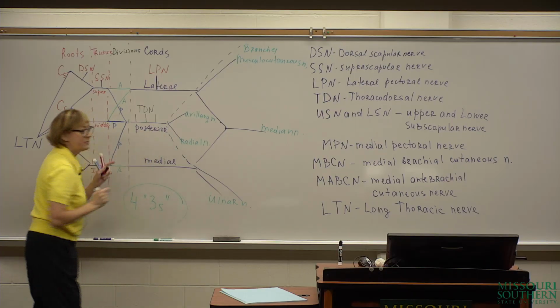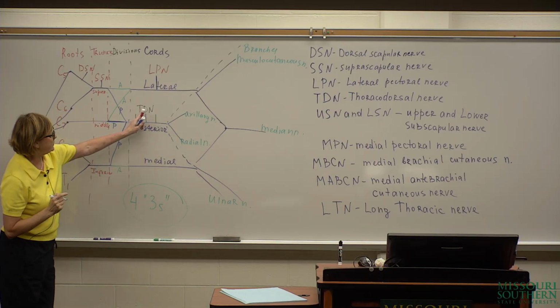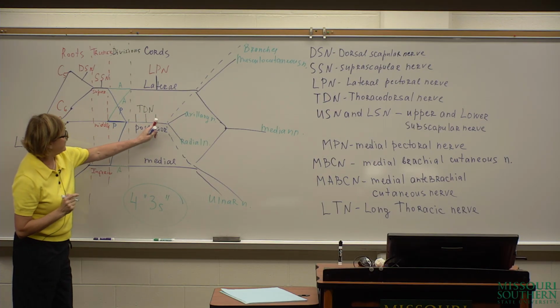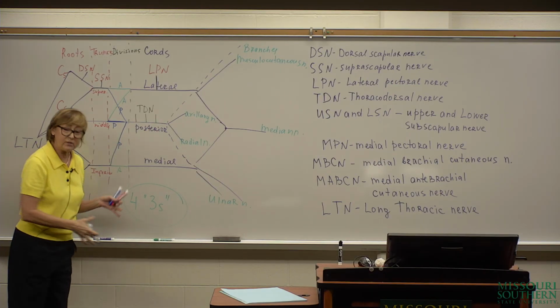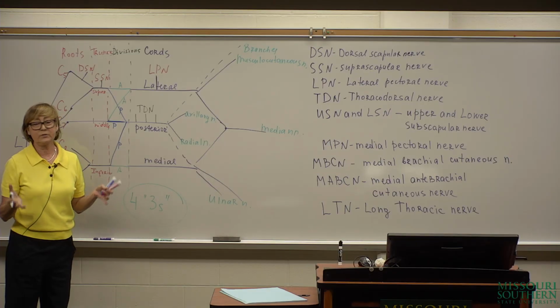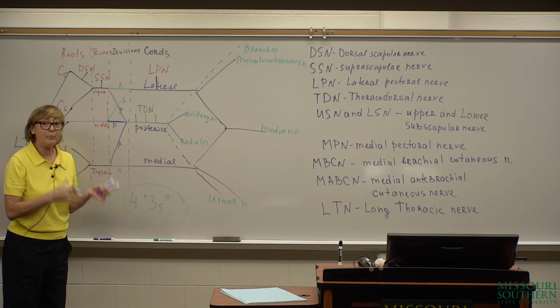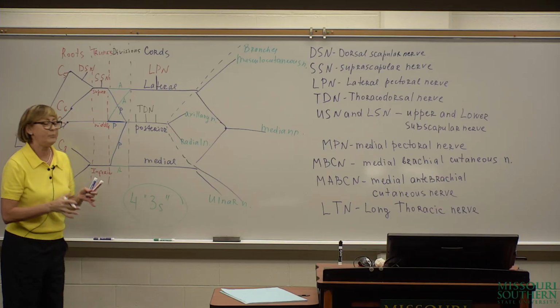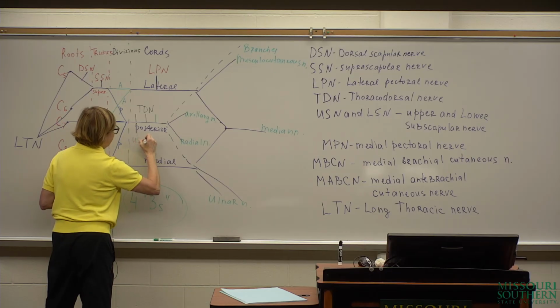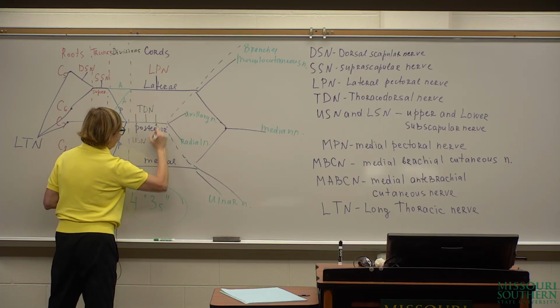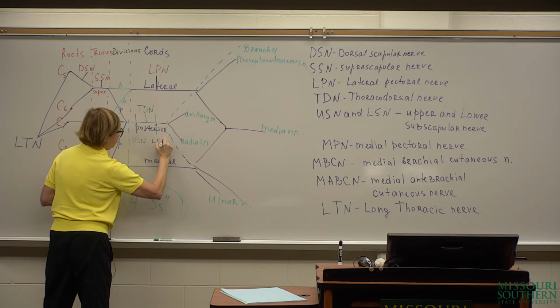Other 2, one superior to the thoracodorsal nerve, another inferior to the thoracodorsal nerve, named based on the relationship to this thoracodorsal nerve, and they're known as upper and lower subscapular nerves.